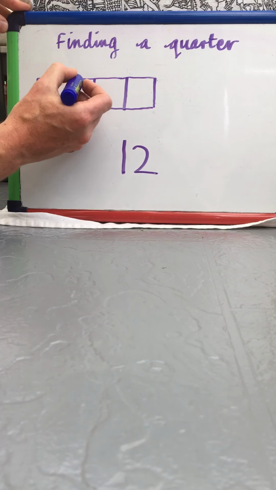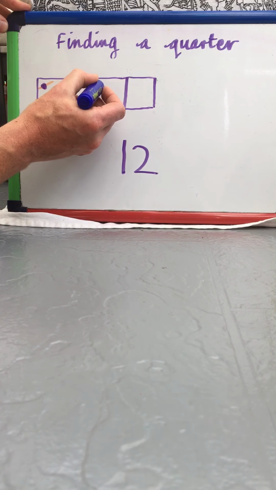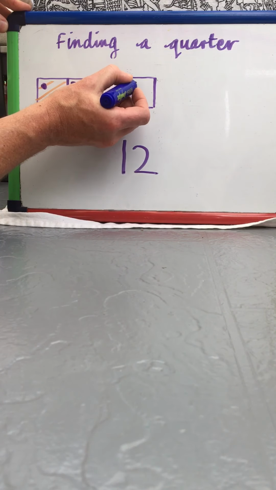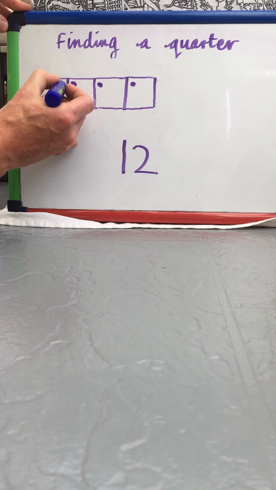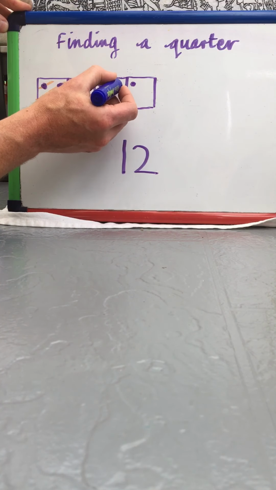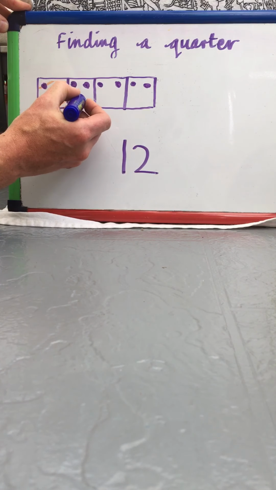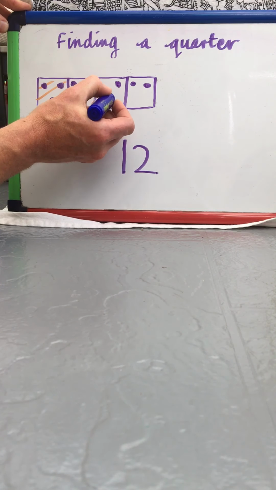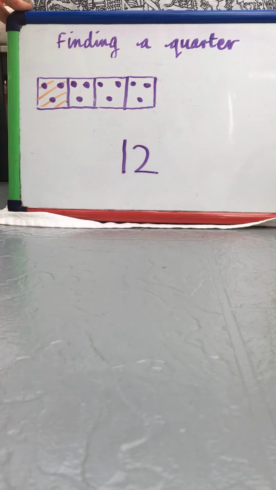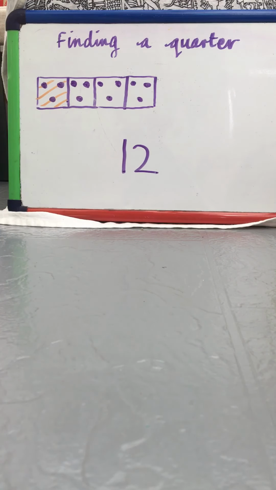Okay, 1, 2, 3, 4, 5, 6, 7, 8, 9, 10, 11, 12. I'm going to stop there because that's how many grapes or how many sweets we've got.